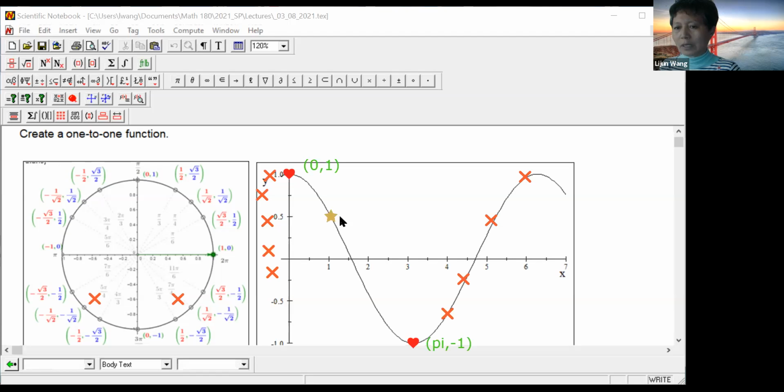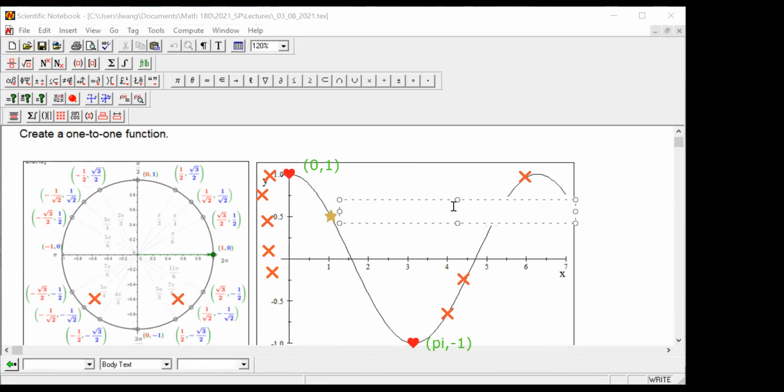Can you mark this point and tell me what this point is? Is my question clear?